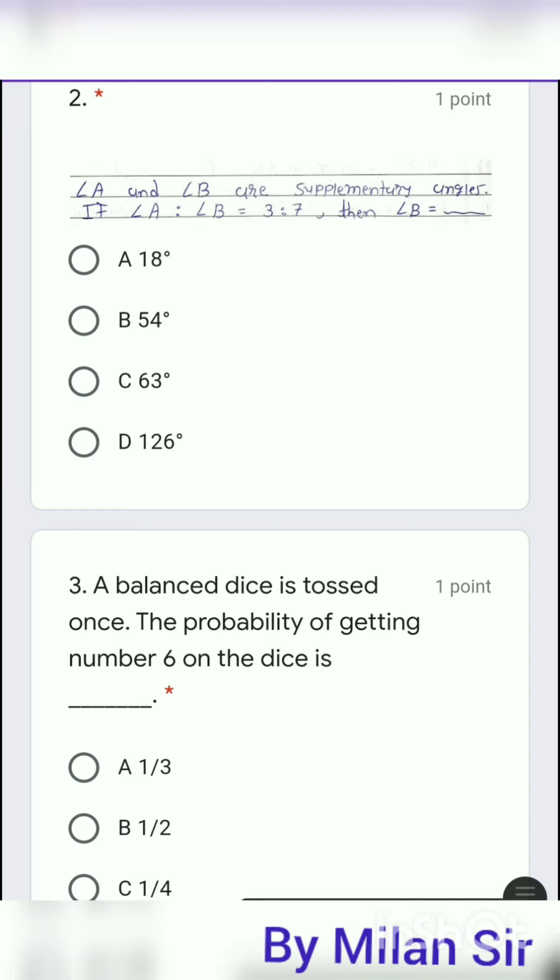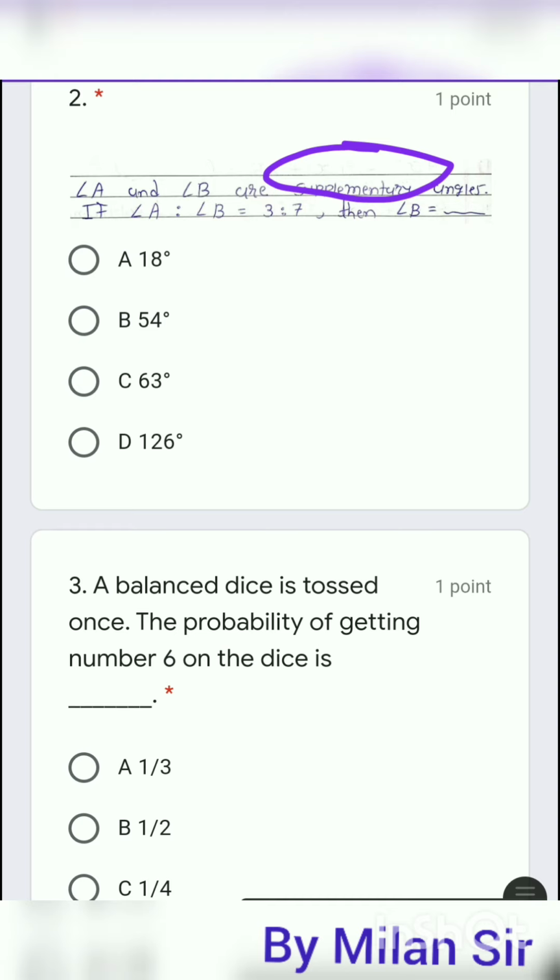Before that, here angle A and B are supplementary angles. Supplementary angle means what? Addition of these two angles is equals to 180 degree.